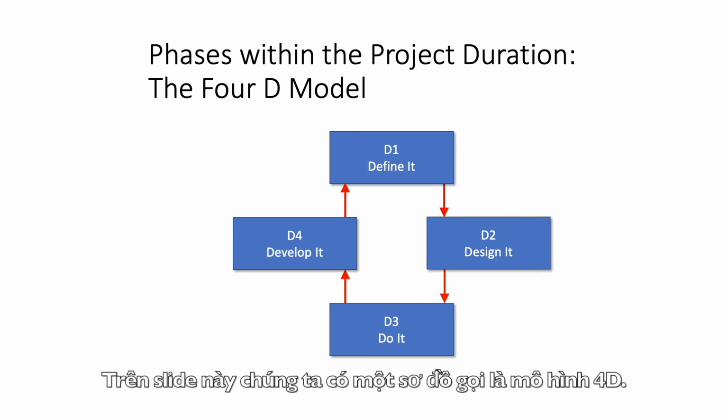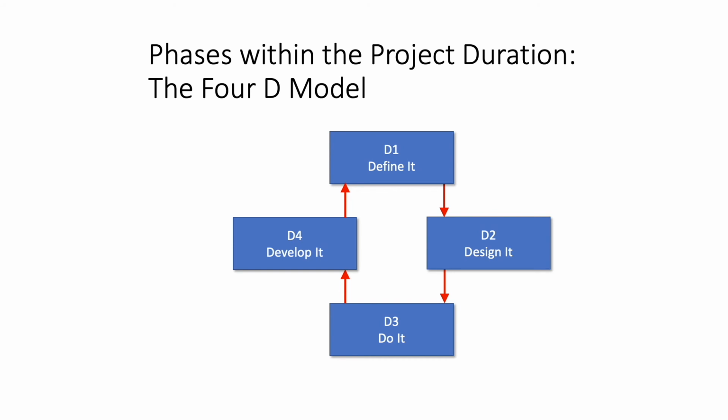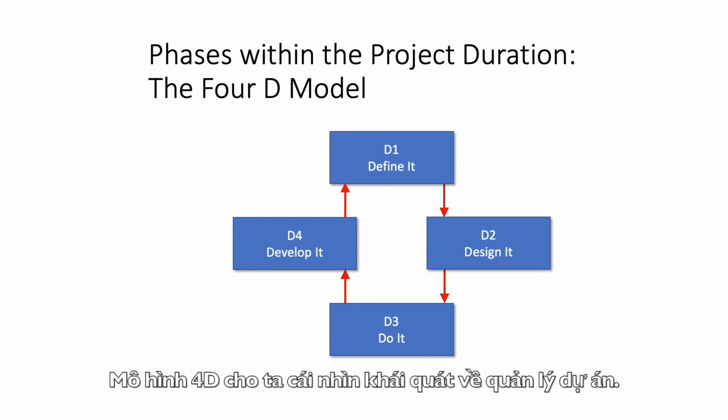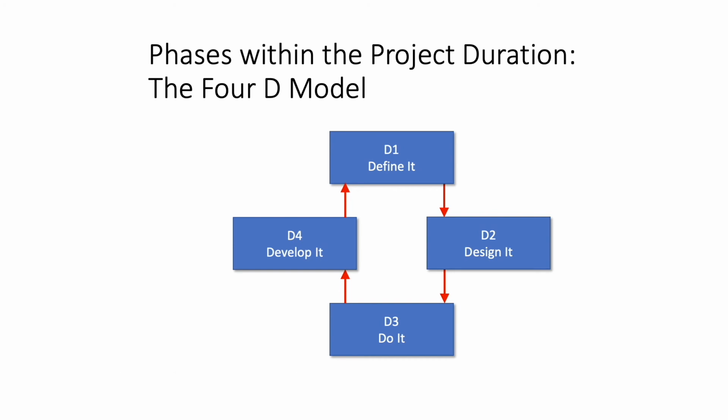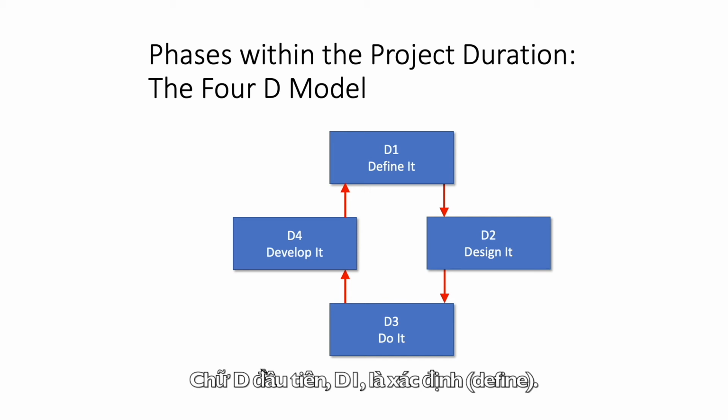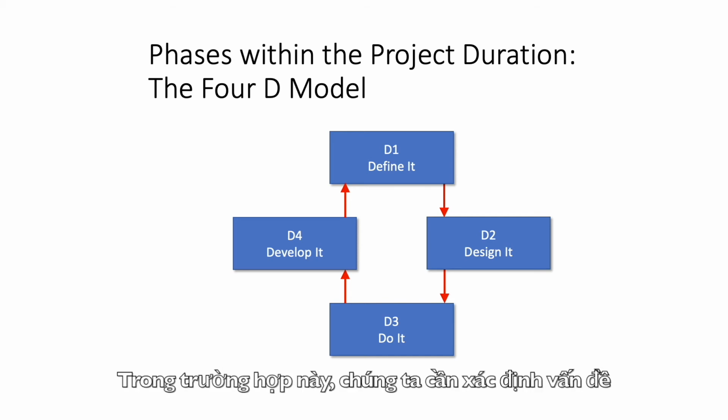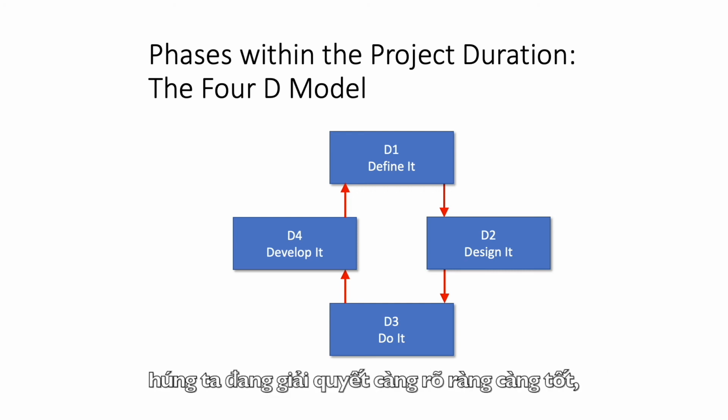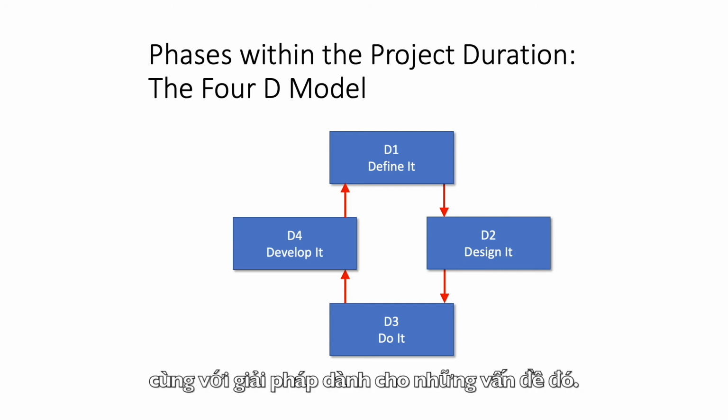On this slide, we're showing a diagram called the 4D model. The 4D model is a summary way of viewing project management. The first D, D1, is define it. In this case, we are defining the problem that we're solving as clearly as possible, as well as the solution.